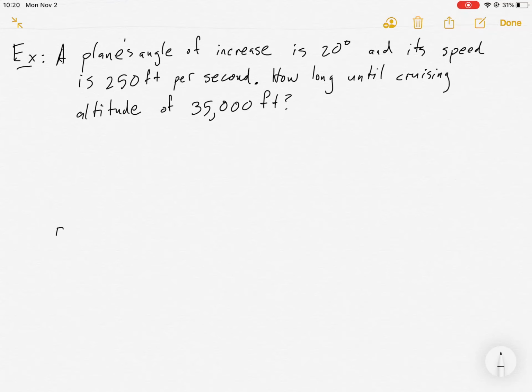So let's say I have my airplane. I'm just going to use a box to represent the airplane, and it's rising at an angle with the ground of 20 degrees, and it's going up at 250 feet per second this way.